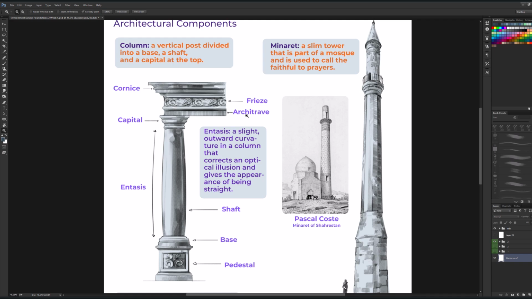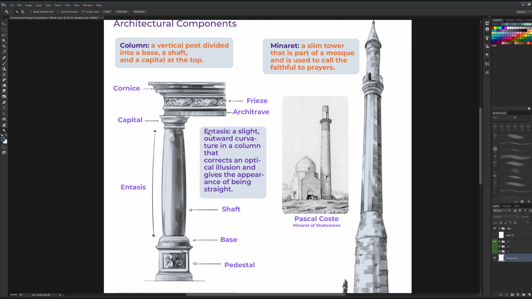We have the architrave, which is this part here. We have the capital, and the entasis of the column. We have the shaft here. And of course, we have the base and the pedestal. The pedestal can have decorative motifs as well. As you probably noticed, not all pedestals require this, but in some cases they do.